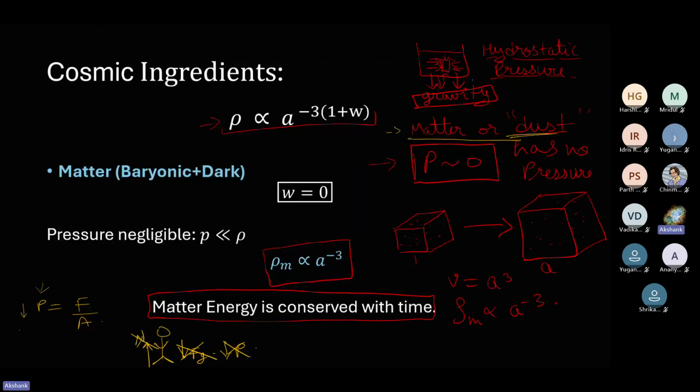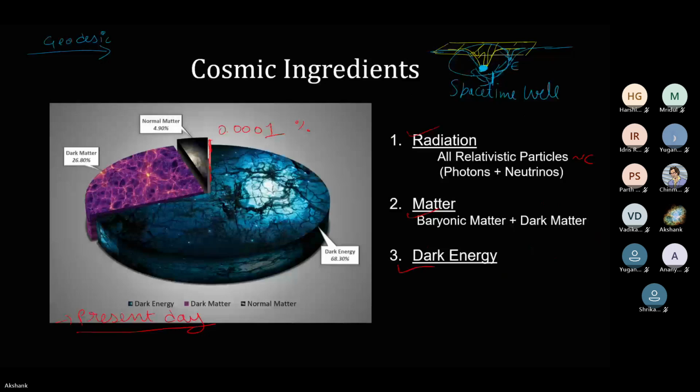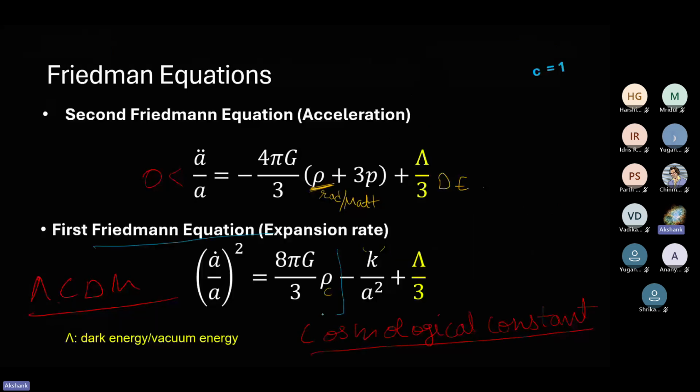So if you look at this first point only, and you forget the curvature and you forget the lambda, matter will tell you how the universe is expanding or how the universe is slowing down. The same thing in the top. The universe will slow down if there is only matter.